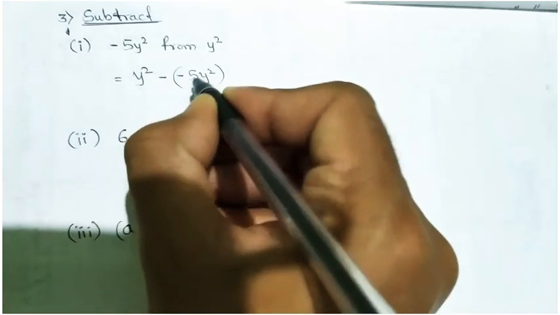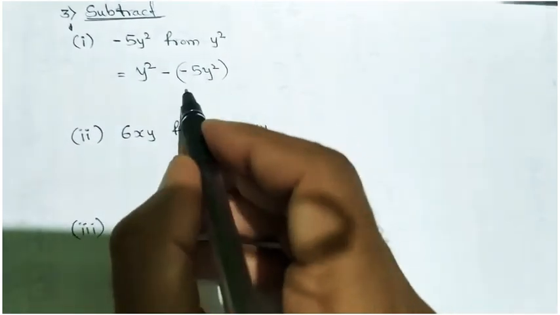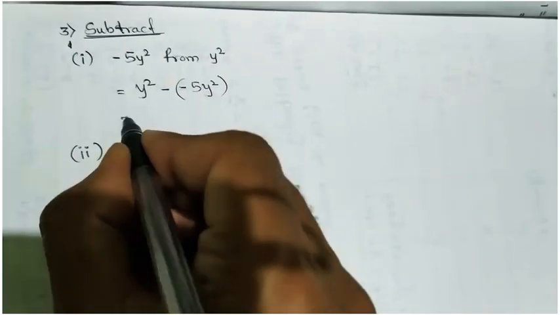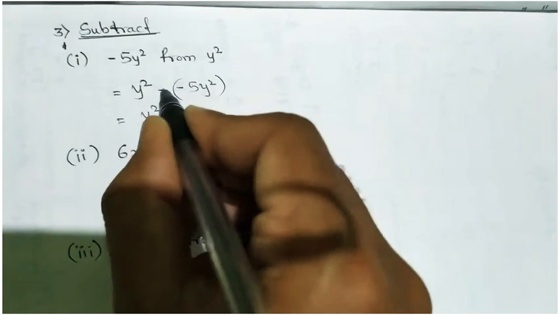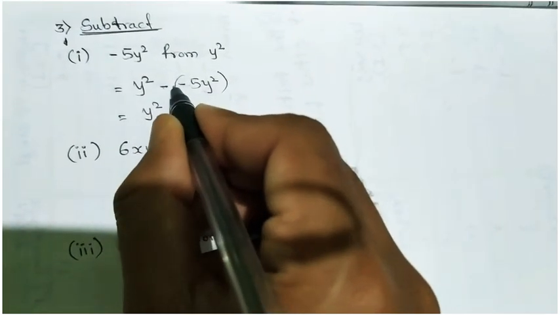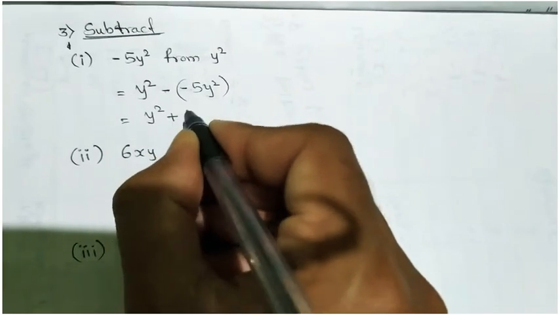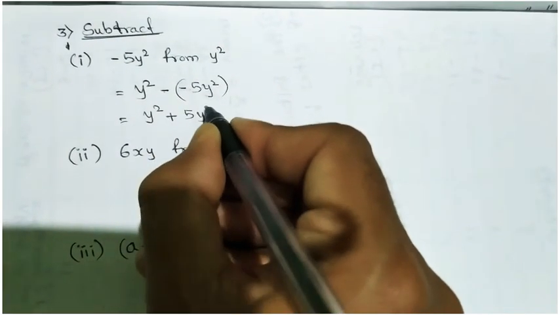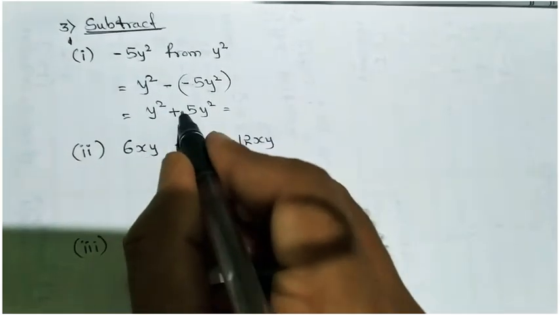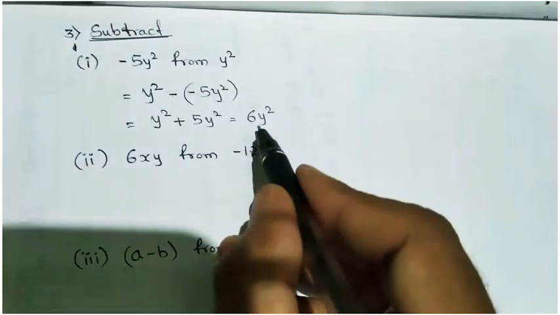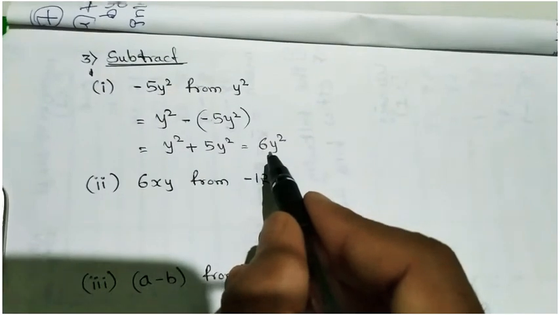Here you are doing the subtraction, so write the negative numbers in brackets. So y square minus into minus, bracket means multiplication, so minus into minus becomes plus, plus 5y square. y square plus 5y square will be 6y square. So our answer is 6y square.